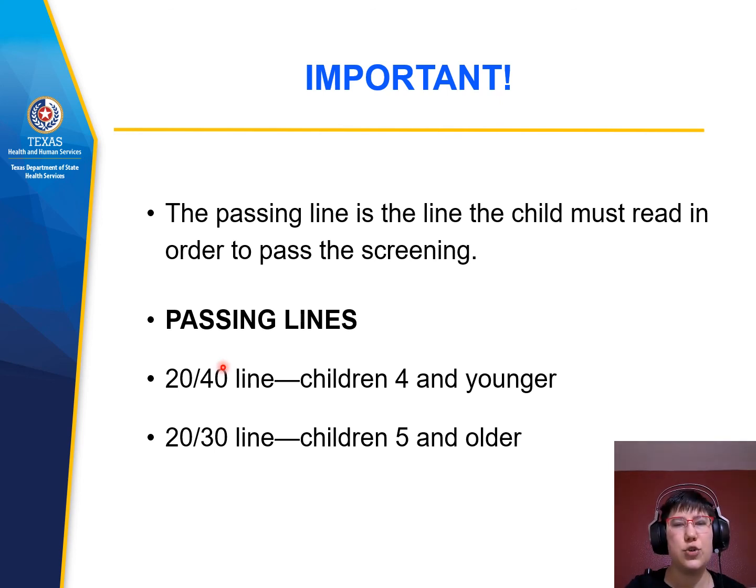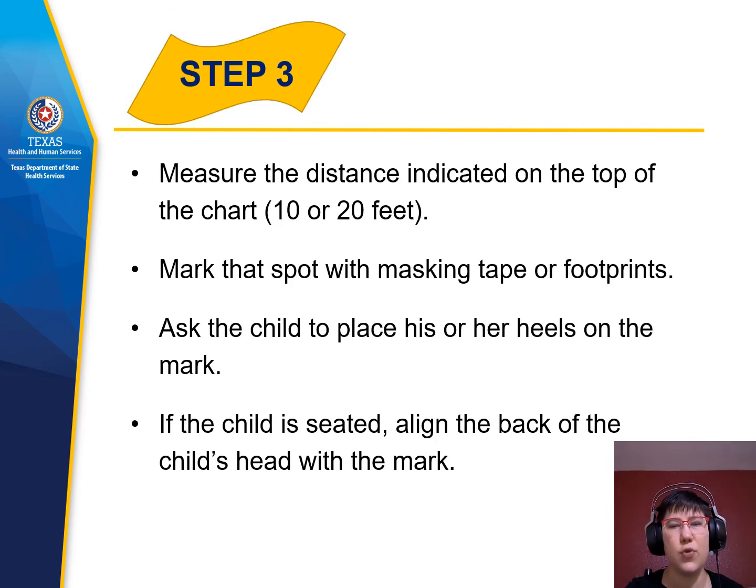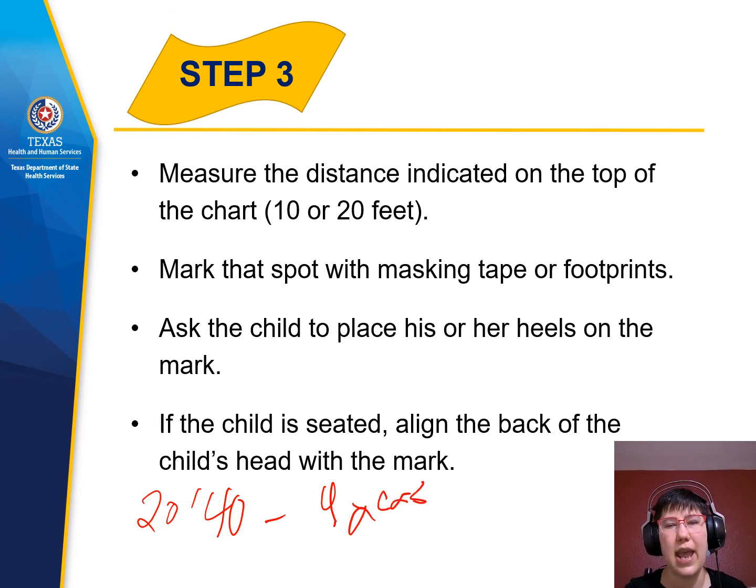So 20/40 is for kids, all right, I'm not entirely sure why that switched over when I was trying to draw, but 20/40 is for 4-year-olds, and 20/30 is for 5-year-olds.